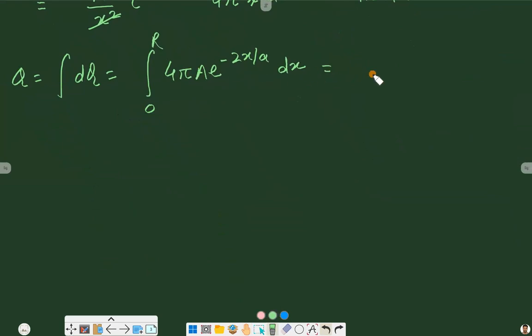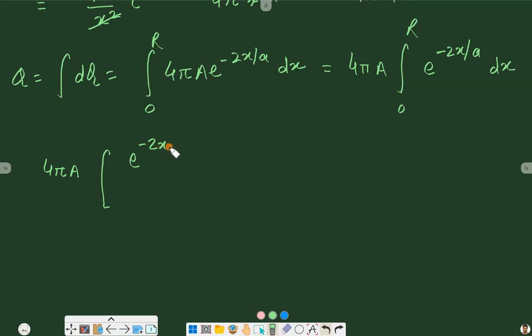So here 4 pi a is constant, integral from 0 to r of e raised to power minus 2x by a into dx, and its integration will give us 4 pi a as it is, e raised to power minus 2x by a divided by minus 2 by a, limits going from r to 0.